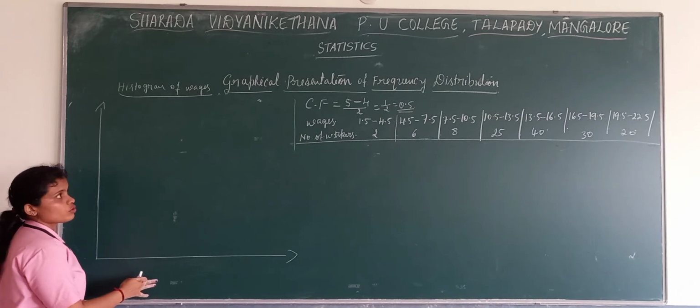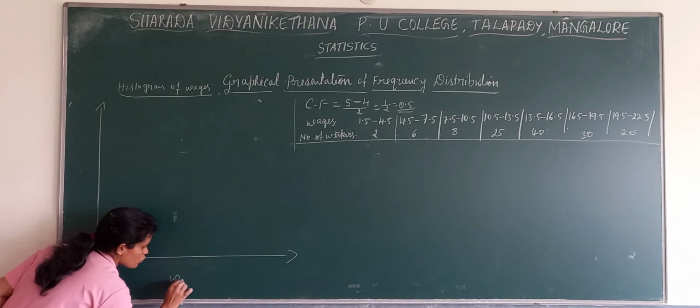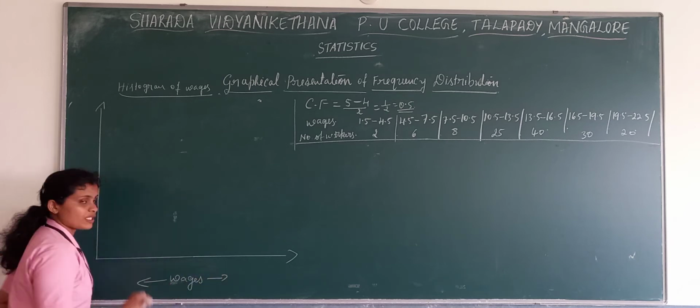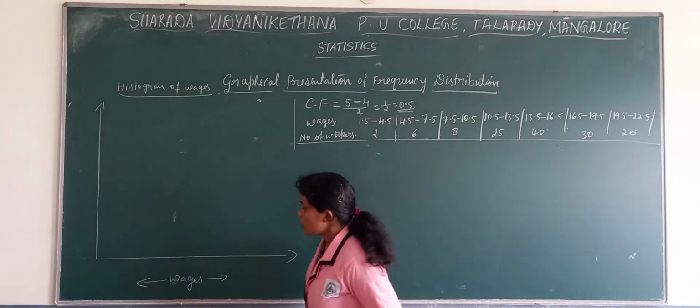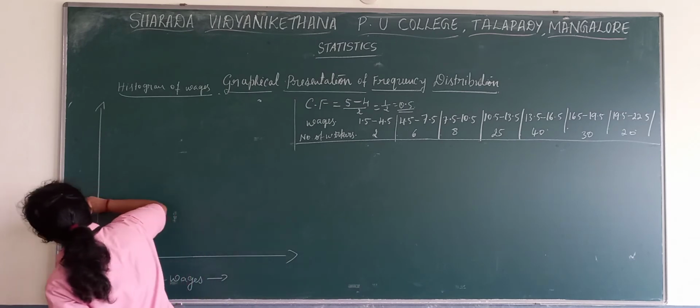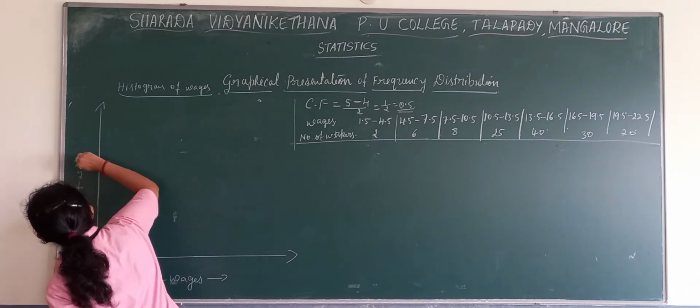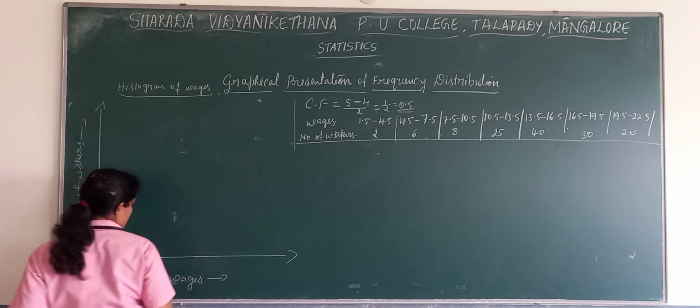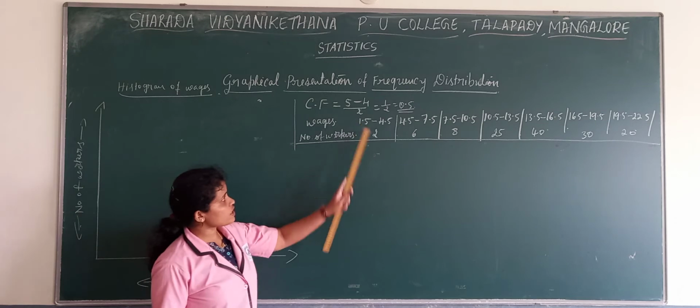Now here what we need to locate? Here we need to locate wages, which will be in the class interval form. Now here, number of workers. Now locate their wages.